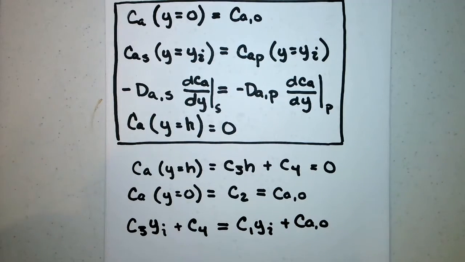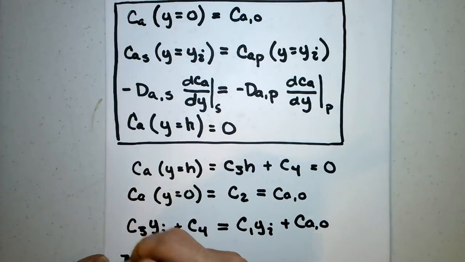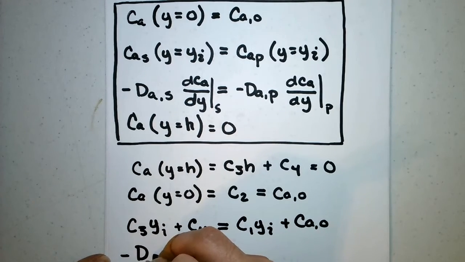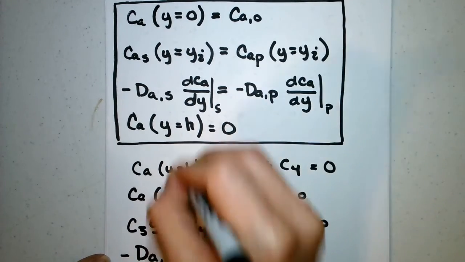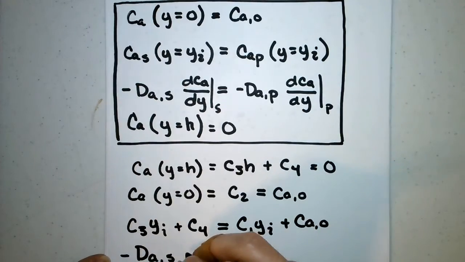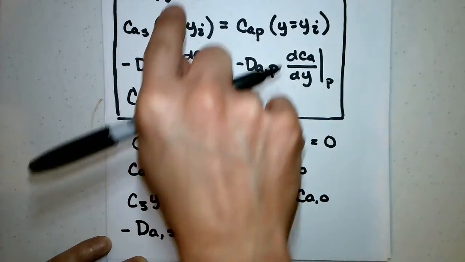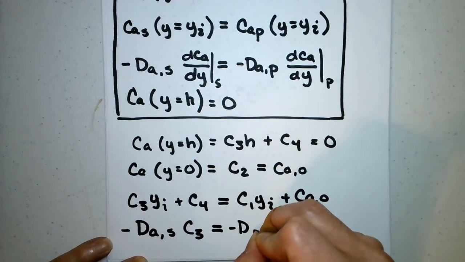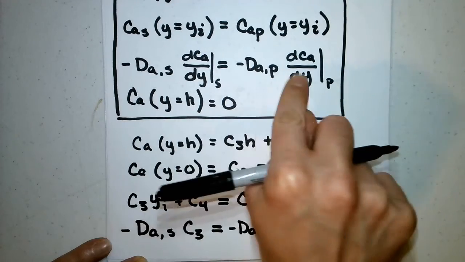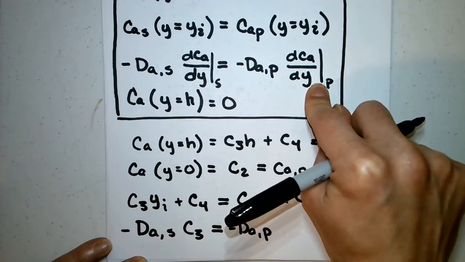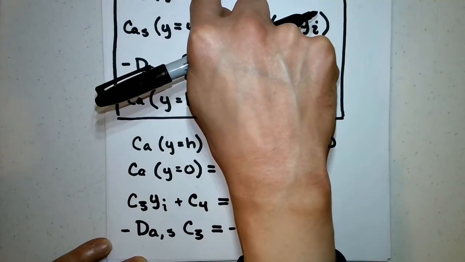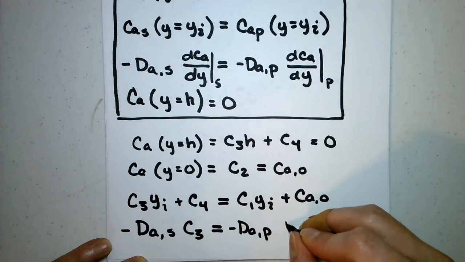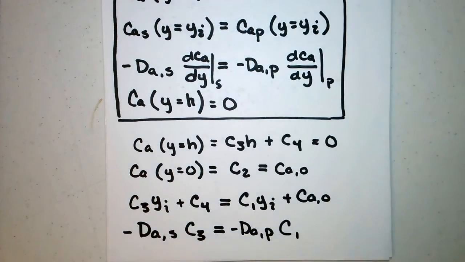So, diffusion of A through the silicon dioxide times C3 equals the diffusion of A through Pyrex times the differential change in the Pyrex with respect to y, which is C1. And there's the system of equations to solve.